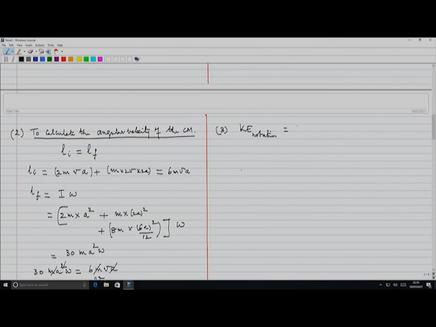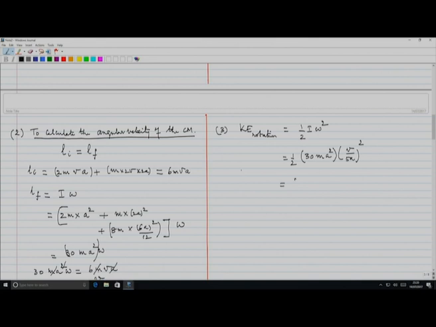What is the expression? Even if you don't remember, if you remember linear motion, you can try to write it down. In linear motion, the expression for kinetic energy is half mv squared. Here, the role of mass is taken over by moment of inertia, and then angular velocity squared. So this is equal to half into 30 ma squared, which we calculated earlier, times omega squared, v by 5a the whole squared.